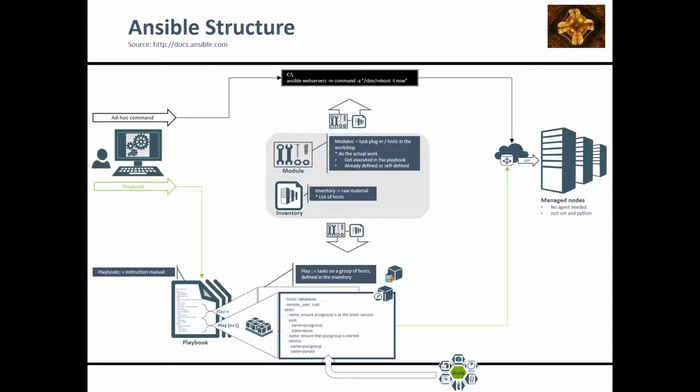And one play is just several tasks on a group of hosts. So a playbook can consist of different plays. A task is something where you have specific arguments and modules within there.